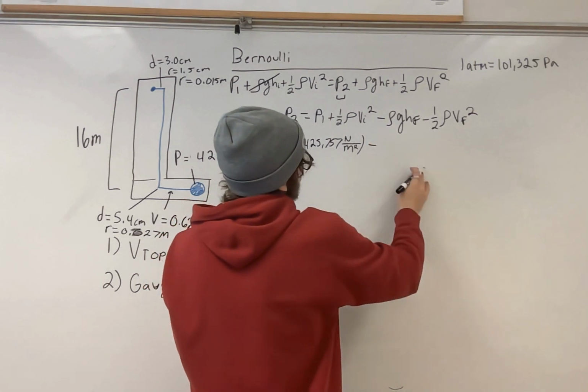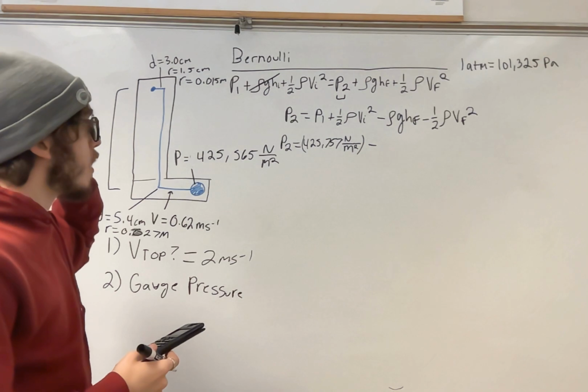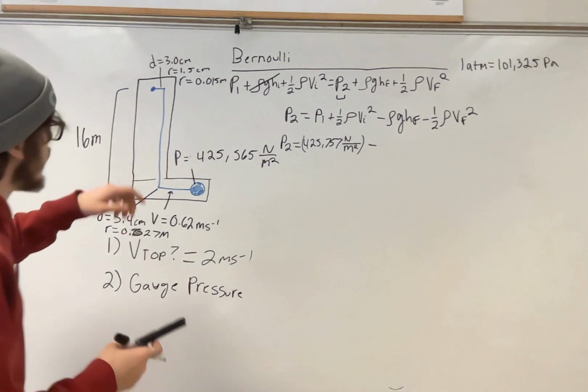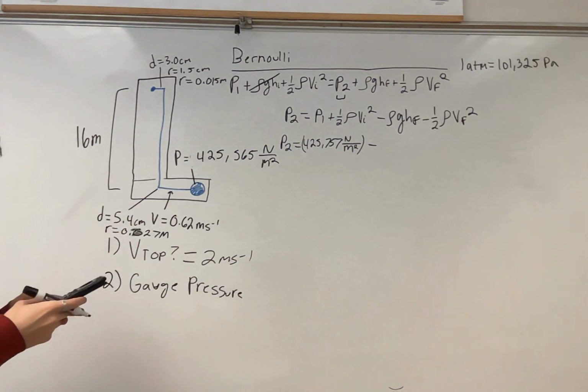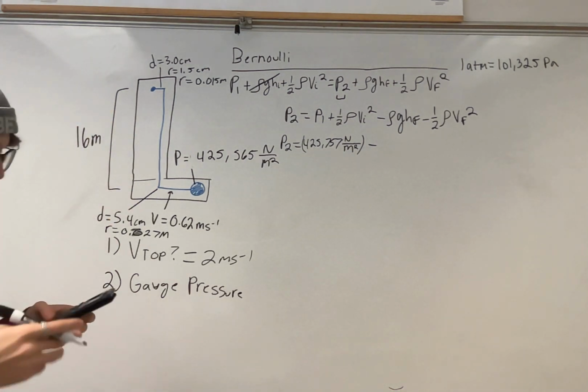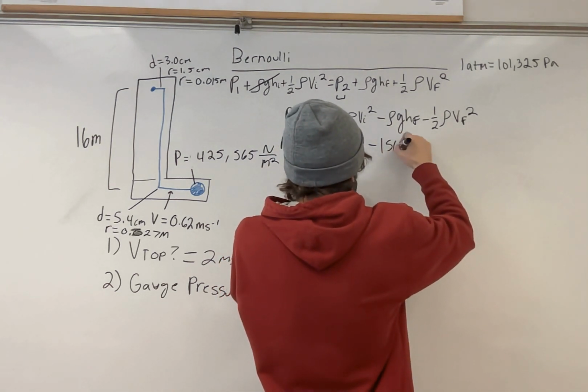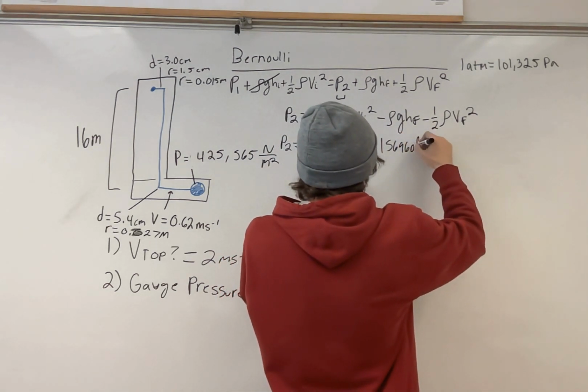Now we need to subtract it by this term here. So what is our density, gravity, height final? We know 1,000 times 9.81 times the height final, which is 16 meters. We are going to get 156,960 newtons over meters squared.